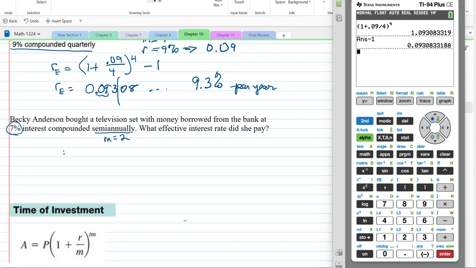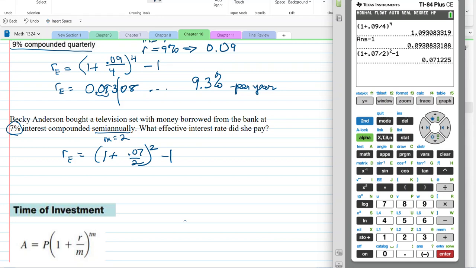Right, so our effective rate is going to be 1 plus 0.07 divided by 2 raised to the 2 minus 1. All right, parenthesis, 1 plus 0.07 divided by 2, close parenthesis, up caret 2, minus 1.